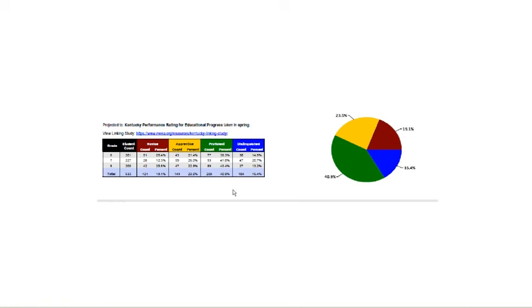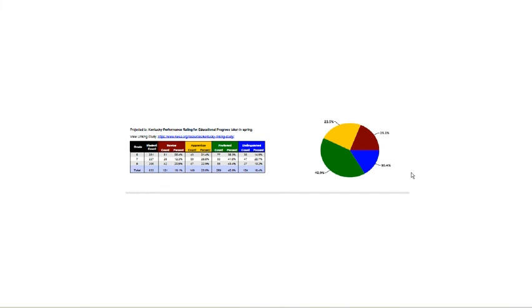But this shows you the projected proficiency and distinguished, and this first one is for reading. You can see that 40.9 are projected to be proficient and 16.4 are projected to be distinguished. And you can break it down by grade level here, and it'll show you which grade level is proficient and distinguished. It also gives us novice and apprentice, which is the yellow and the red.